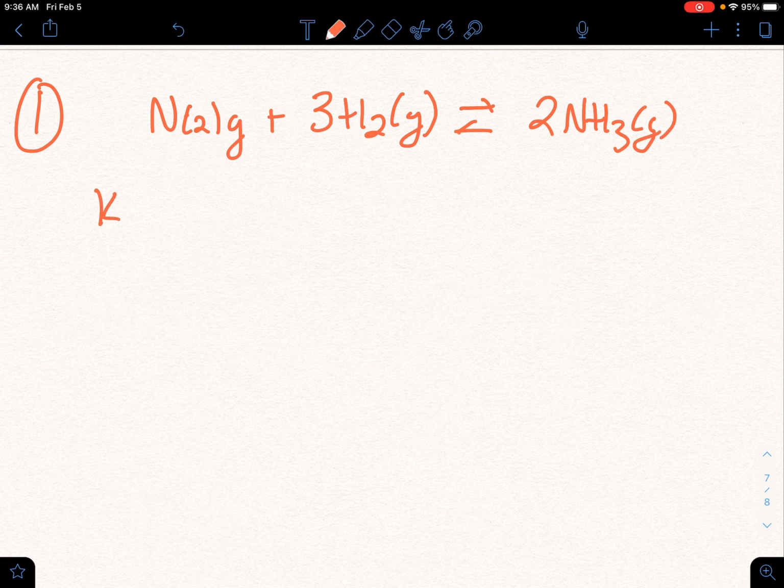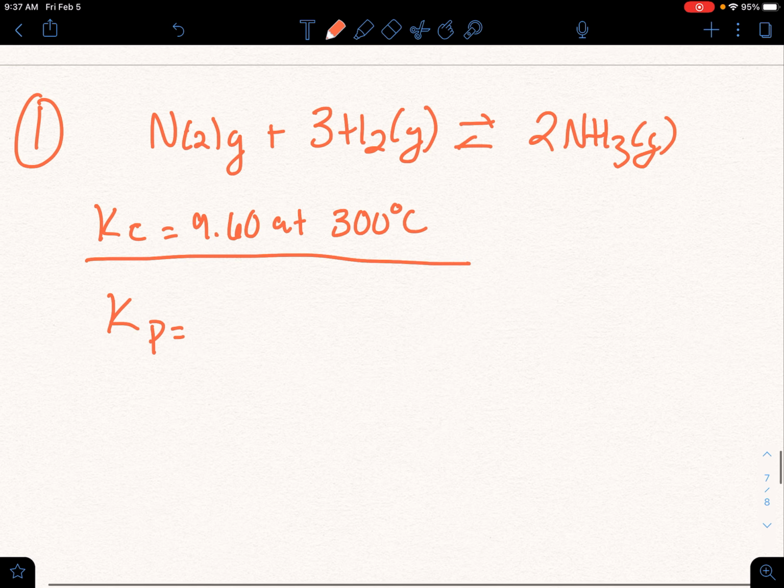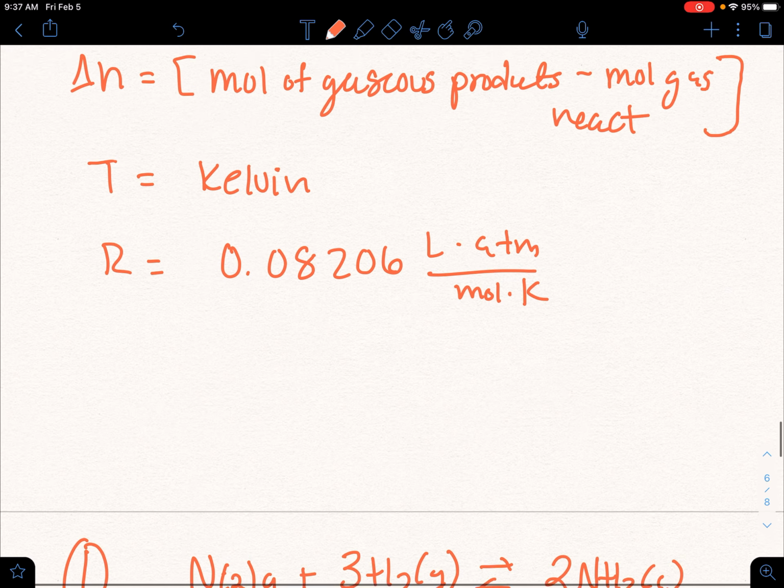Let's say they give you our Kc value is 9.60 at 300 degrees Celsius. Perfect. So they're given this and they're asking for Kp. So how do we solve? Write out your equation. Make sure you have an equation list with you.